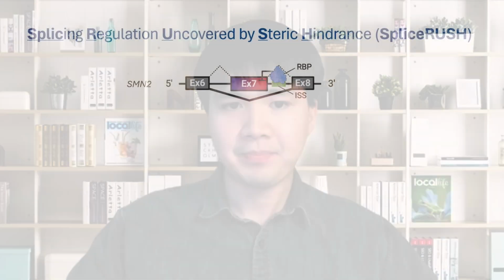Antisense oligonucleotides have been proven to be extremely effective for treatment based on splicing modulation. However, the potential of ASO therapy is limited by inadequate mapping of splicing regulatory elements, SREs, and inconsistent performance of current approaches for SRE mapping.